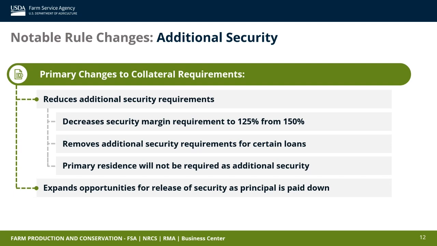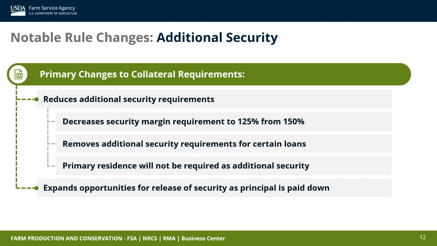First and foremost, and one that was mentioned in the video, we're reducing the loan security margin requirement down from 150% of the loan amount to 125%. That means applicants will just have to provide half of the additional security previously required. These are data-driven decisions.